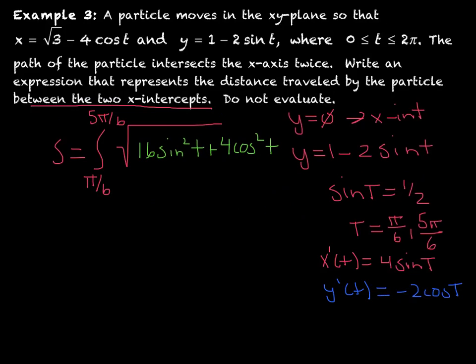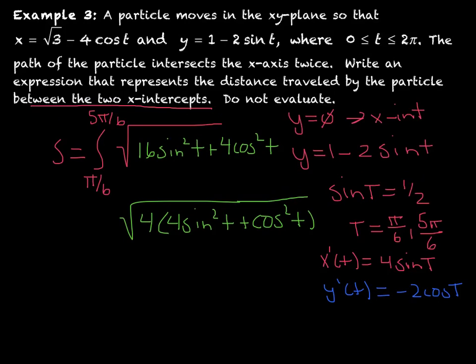And it looks like we can factor out a 4 from those two terms. And so it's going to be the square root of 4 times the quantity 4 sine squared of t plus cosine squared of t, and the 4 can come out of the square root as a 2.